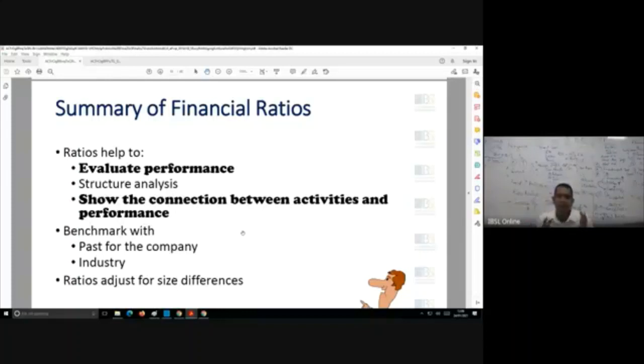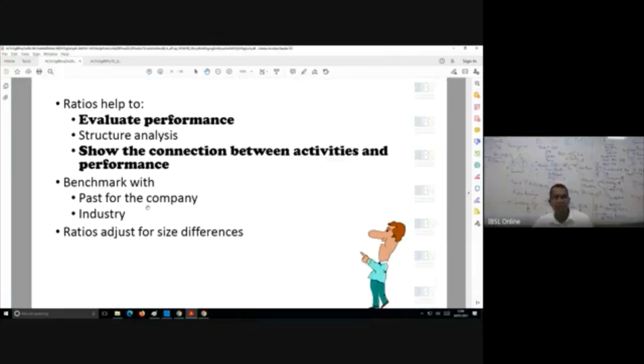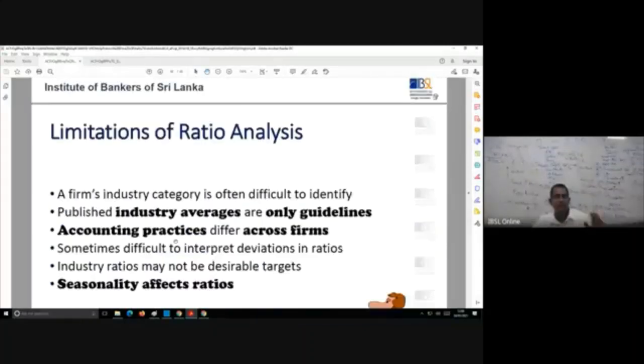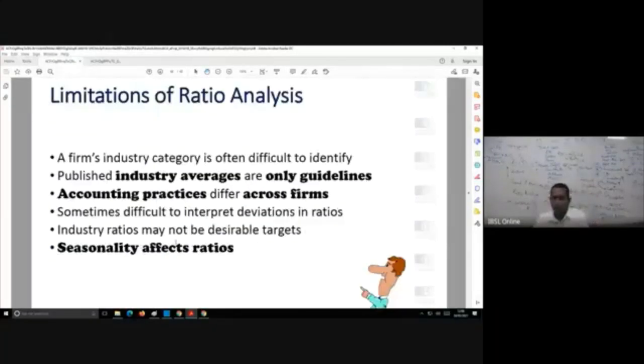Then you can compare these figures with other companies in a similar industry. With ratios, size difference will not come into play. Limitations of ratios: actual figures we don't know, and market available information may not be the actual ones.